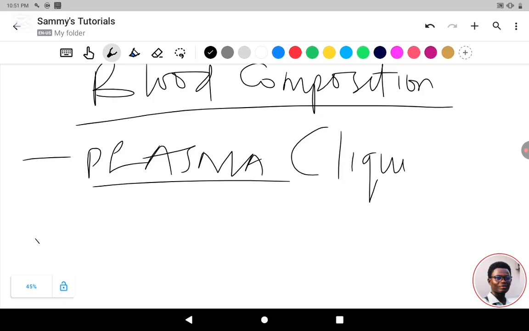Do you understand? Now, the plasma generally is the liquid portion. That is the general knowledge. The liquid portion of the blood. Now, what you need to understand by the liquid portion is what makes this liquid or fluid.